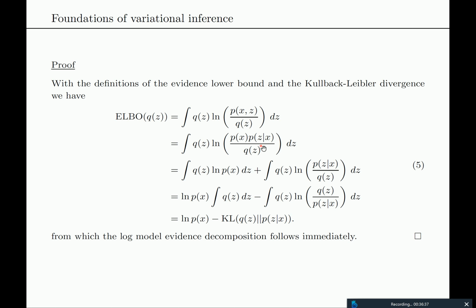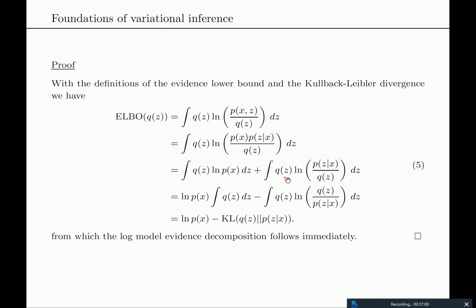So we can split this integral into these two integrals. Then here we have the log of p(x) integrated over z. So ln p(x) is a constant with respect to q(z), so we can take it out. Then we integrate over q(z), which is a probability density function and integrates to 1, so we have ln p(x).